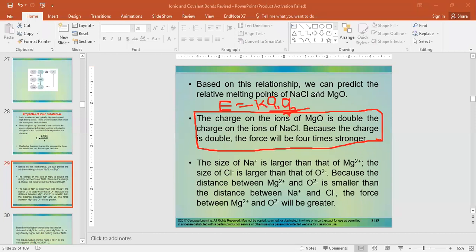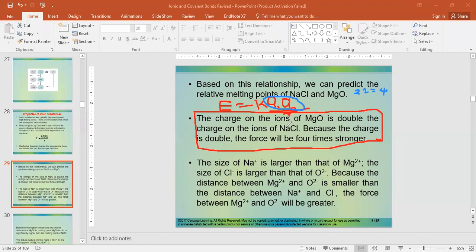So for magnesium, the electric charge is 2. For magnesium, we are going to have a 2. And for oxygen, we are going to have a 2. It is going to be 2 times 2, so that gives us a factor of 4. While sodium chloride has a charge of 1, 1.